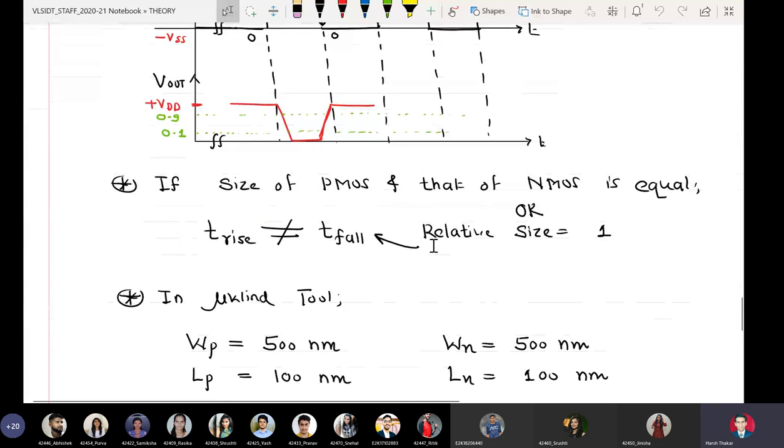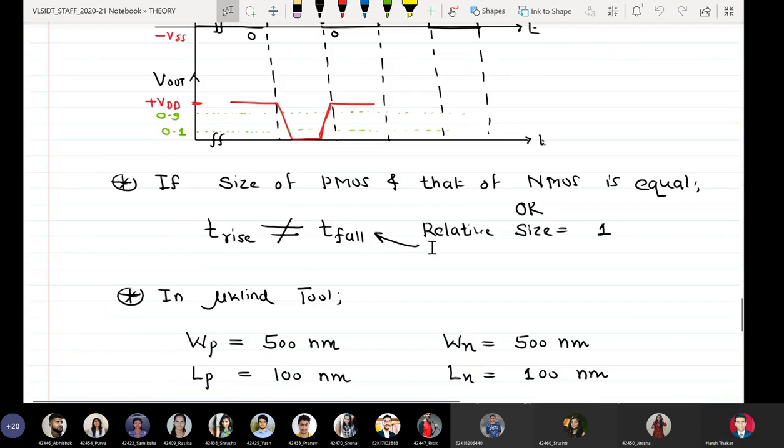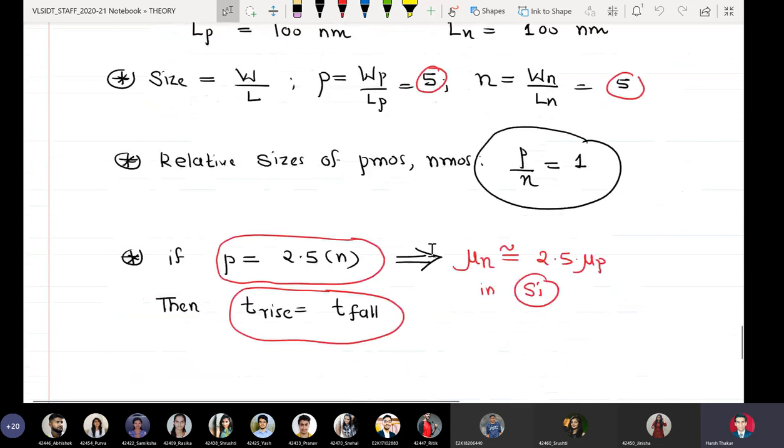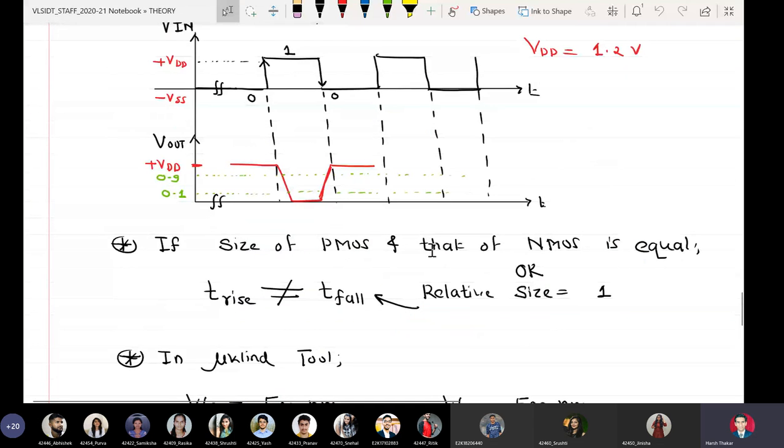But what we observed in the simulation done in Microwind is that when we made a CMOS inverter using a PMOS whose size was 5 and an NMOS whose size was 5, that means when the relative size of PMOS and NMOS is equal to 1, the rise time came to be 3 picoseconds and the fall time came to be 1 picosecond, which is not desirable.